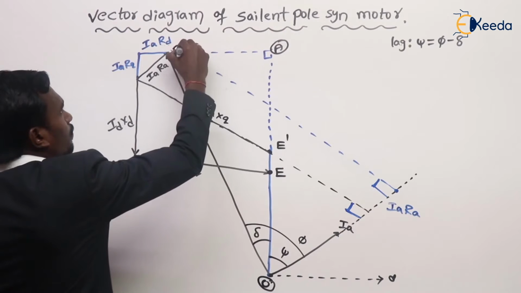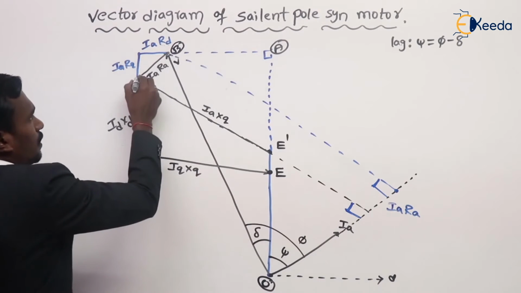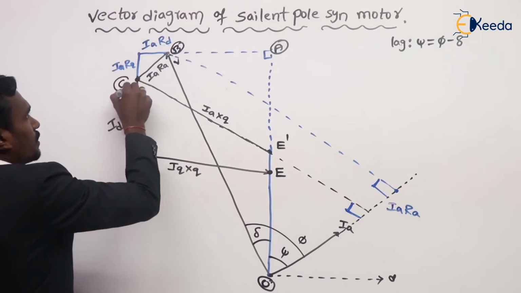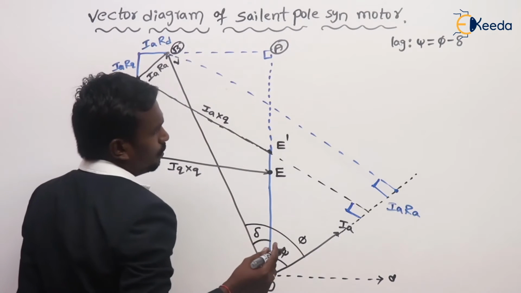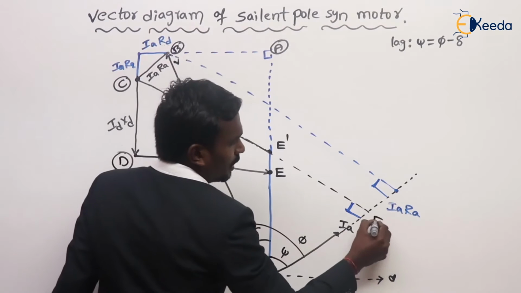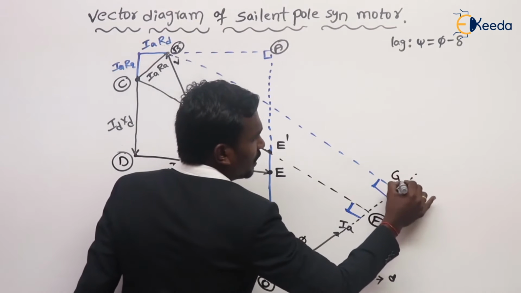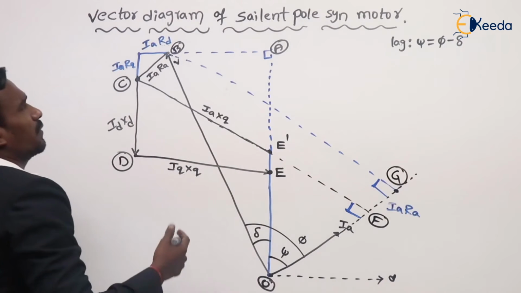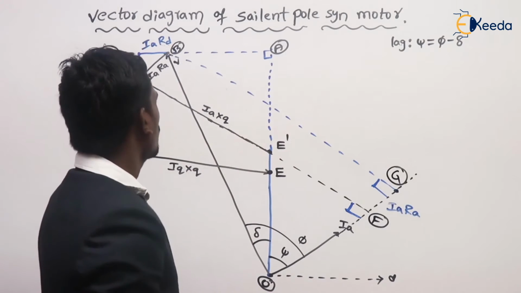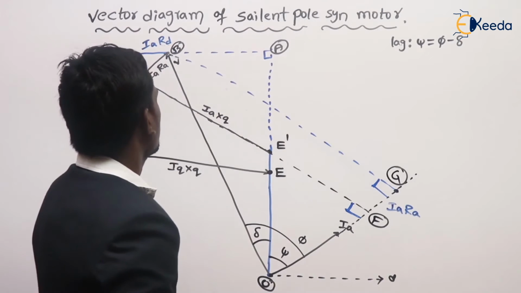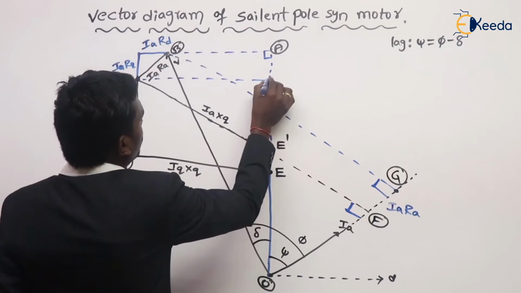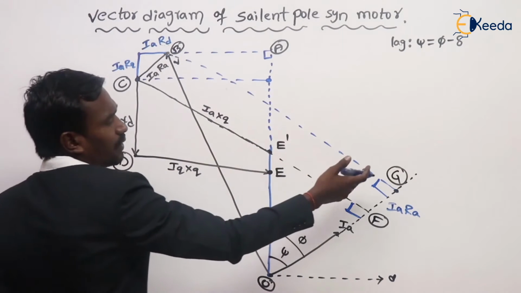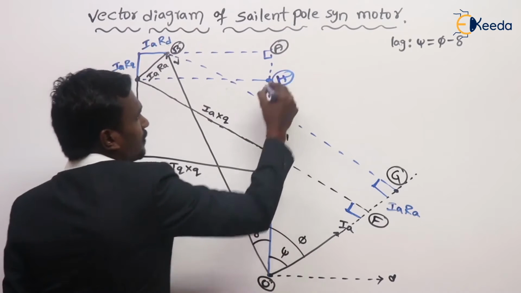O, A, B, C, D, E, F, G. These are the different points. Okay, let's see. For example, if you take a line like this, P, Q, E, F, G, H, right?